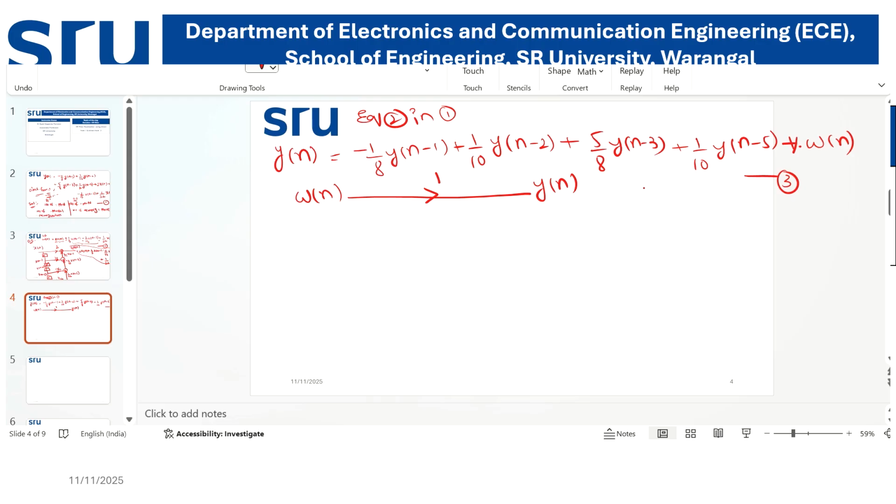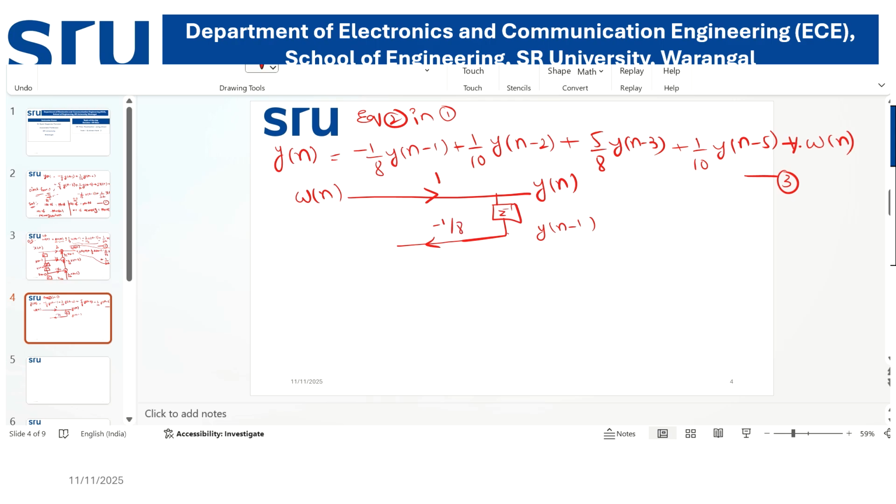Then if you are identifying the expression, the difference equation, the output is delayed by 1 sample, here 2 samples, 3 samples and 5 samples, right? So first the output will be delayed by 1 sample, then we will get y of n minus 1. The coefficient for y of n minus 1 is minus 1 by 8.